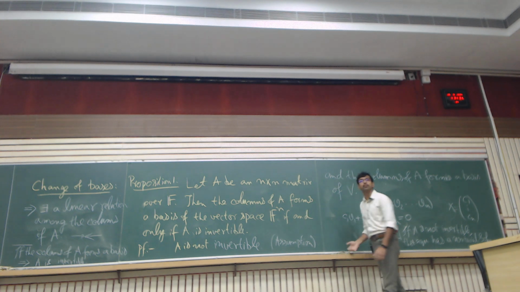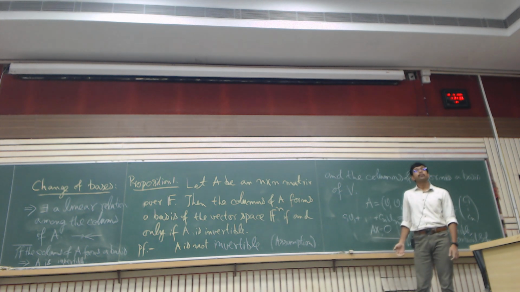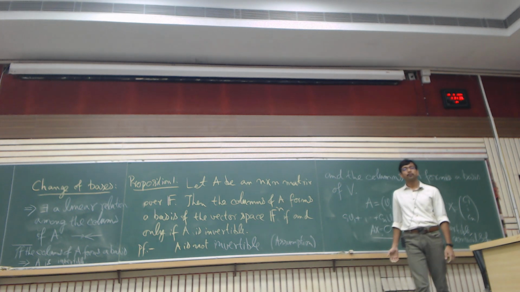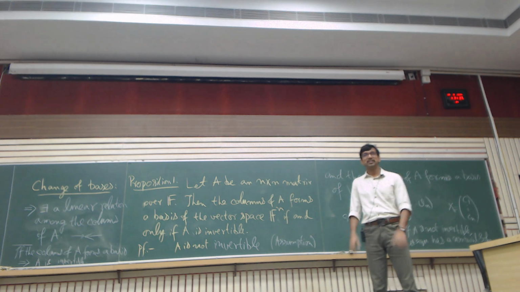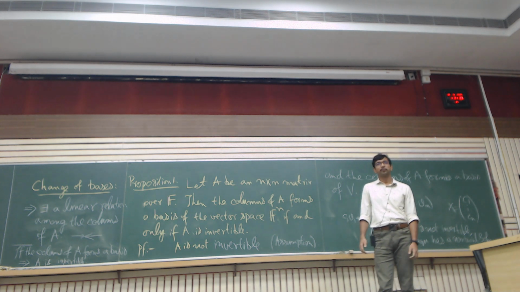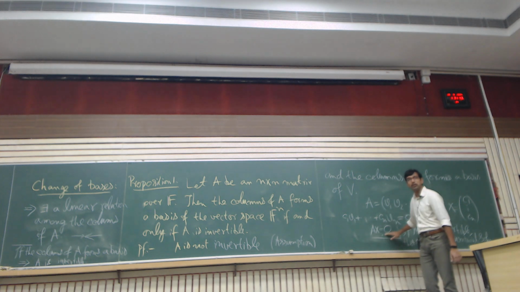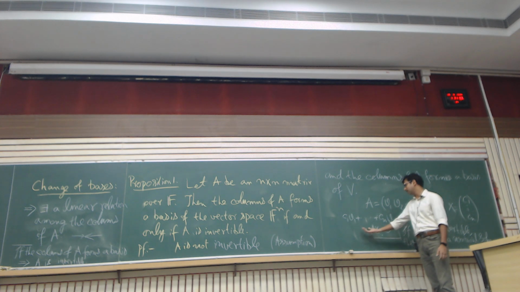Very good. Exactly. So you are saying that x equal to 0 is the only solution because A is invertible. Multiply it with the inverse of A, and you get x equal to 0. Very good.